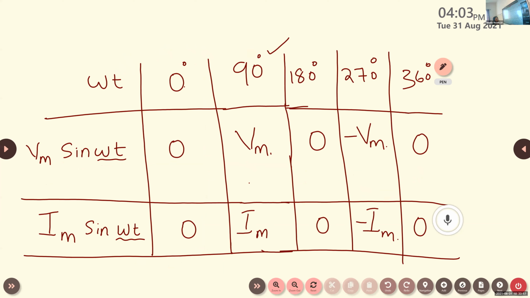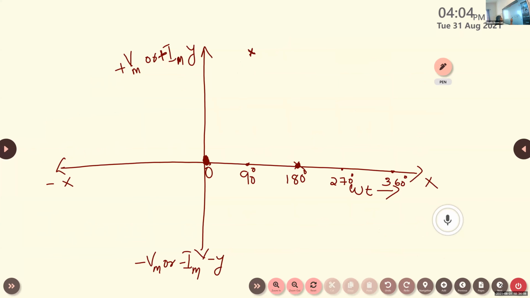Again, if omega t is equal to 270 degree, what will be the value of Vm sin omega t? It is minus Vm. That is along the negative y-axis.